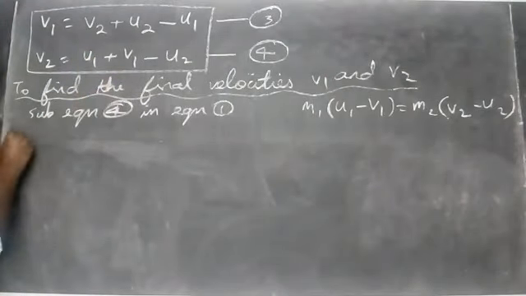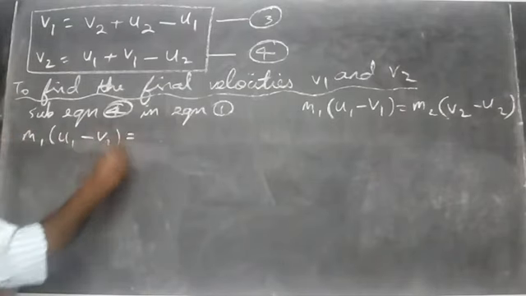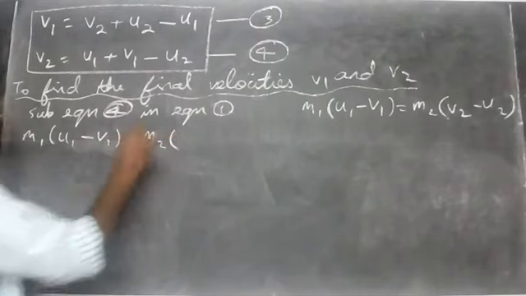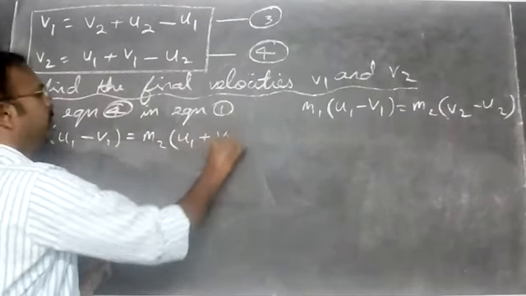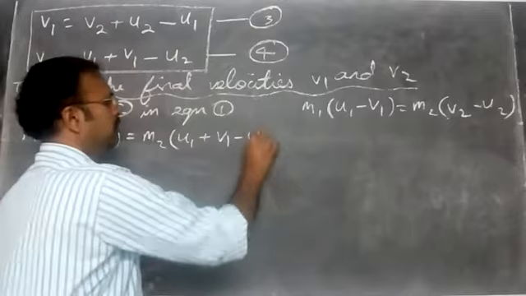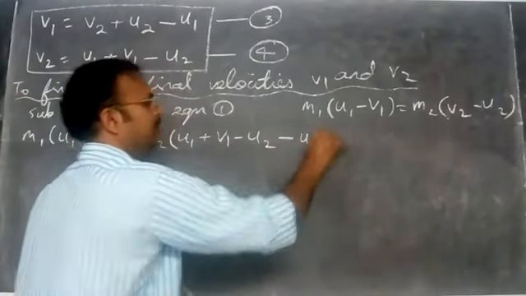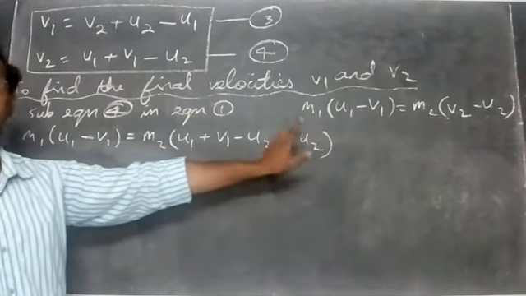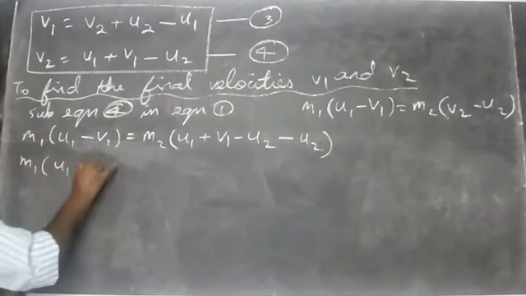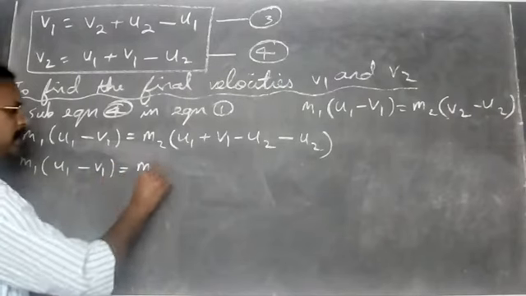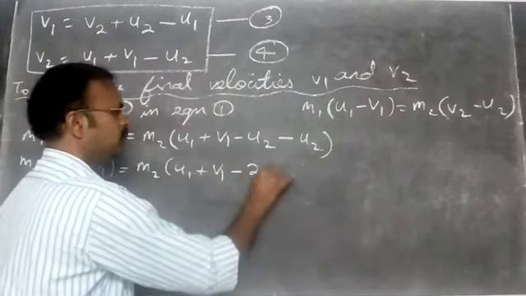So m1 into u1 minus v1 is equal to m2 into u1 plus v1 minus u2, minus u2 again, so minus 2u2. So m1 into u1 minus v1 is equal to m2 into u1 plus v1 minus 2u2.